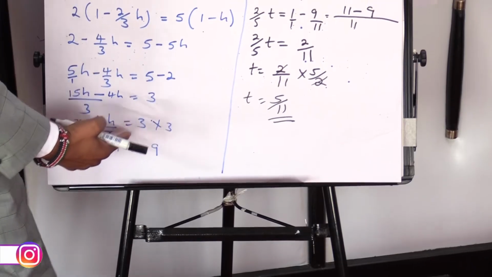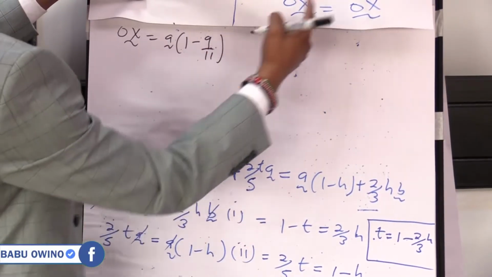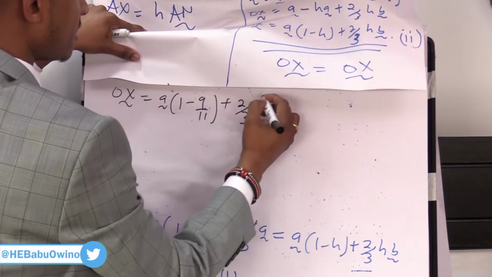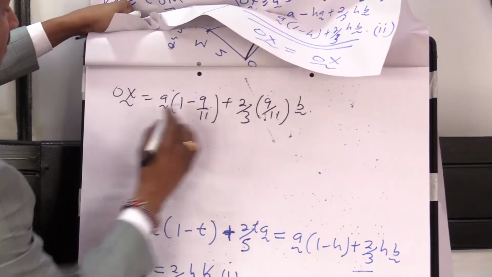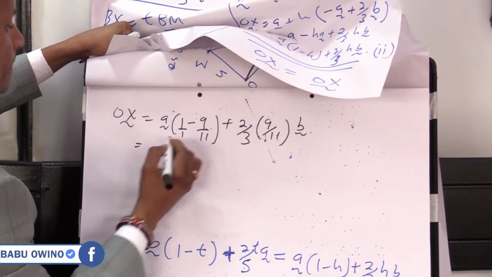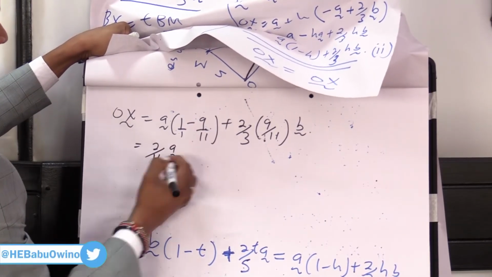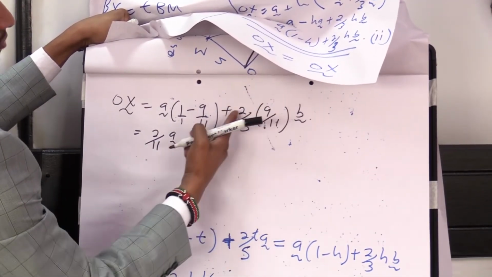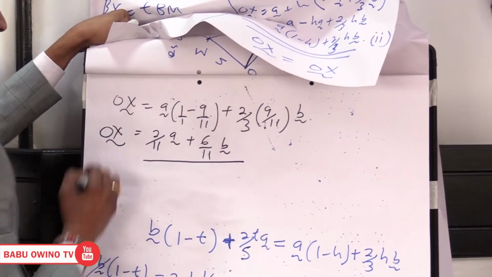Our h value is 9 over 11, plus 2 over 3 of h is 9 over 11 of B. So when you simplify this, you get, that is 11 minus 9, is 2 over 11 of A plus 3 times 2 is 6 over 11 of B. So this is our first value of OX.